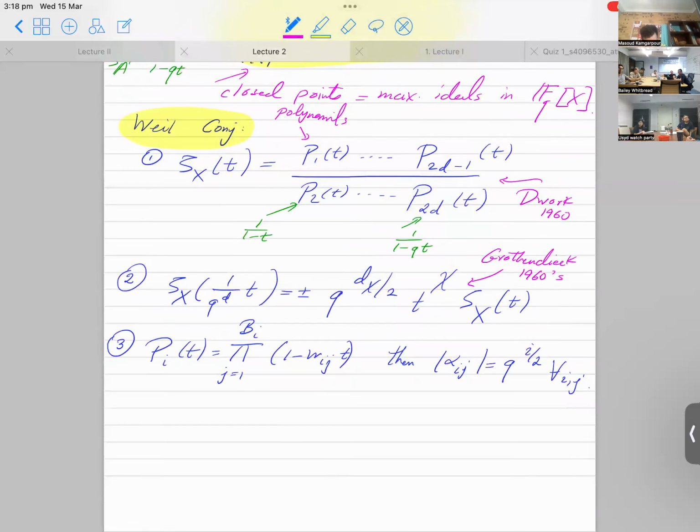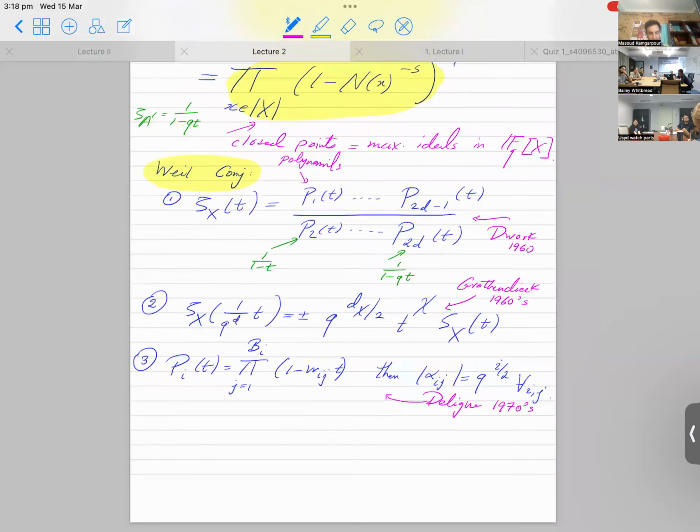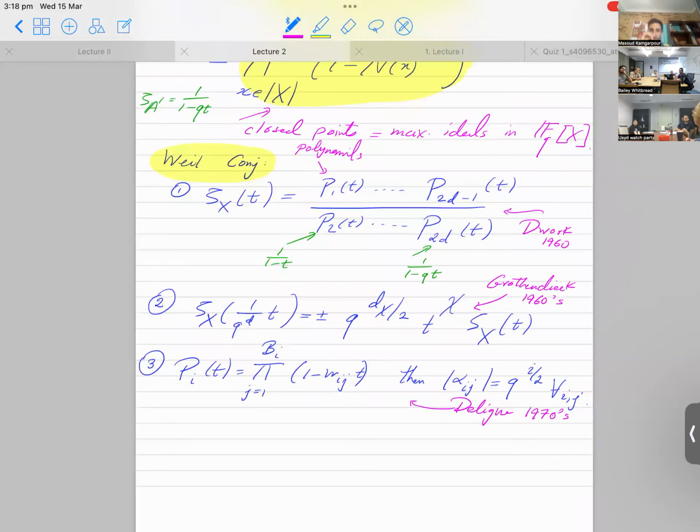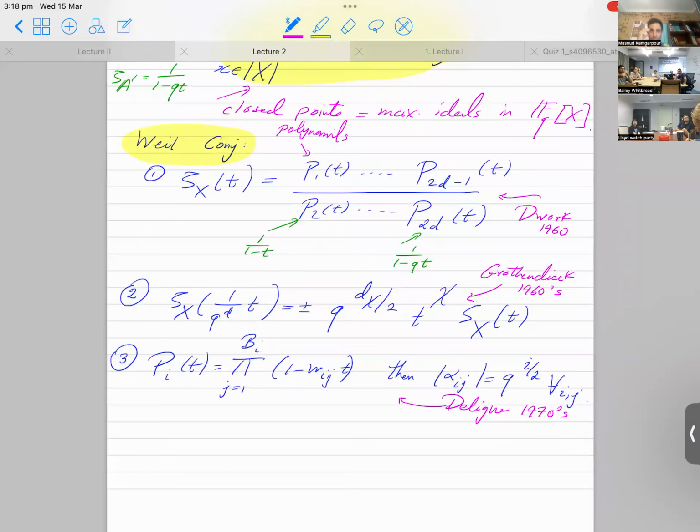And this was proved by Deligne in the 1970s, for which he got a Fields medal. And not next week, but the week after, Angus is going to tell us about Dwork's proof of the first Weil conjecture.